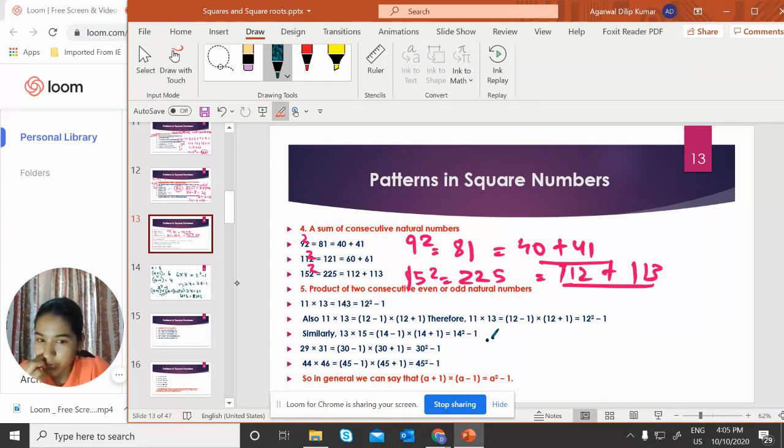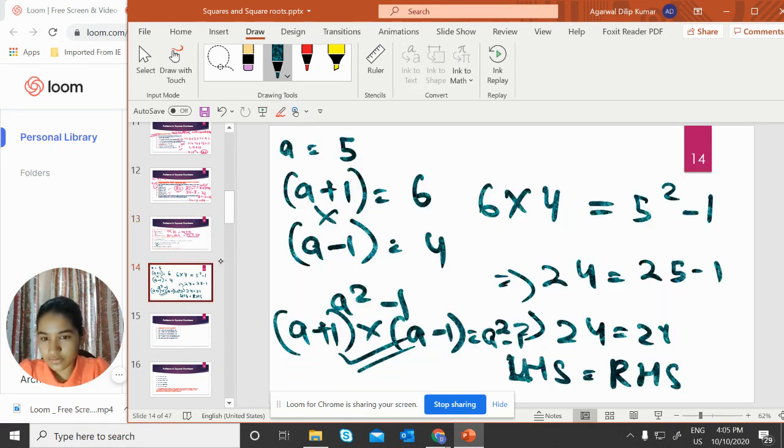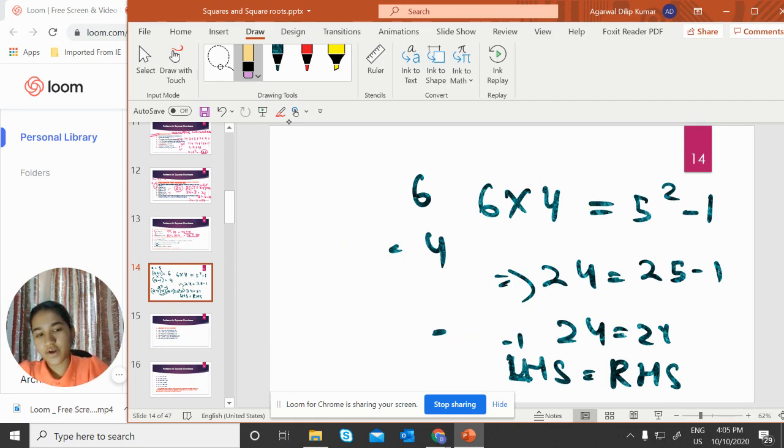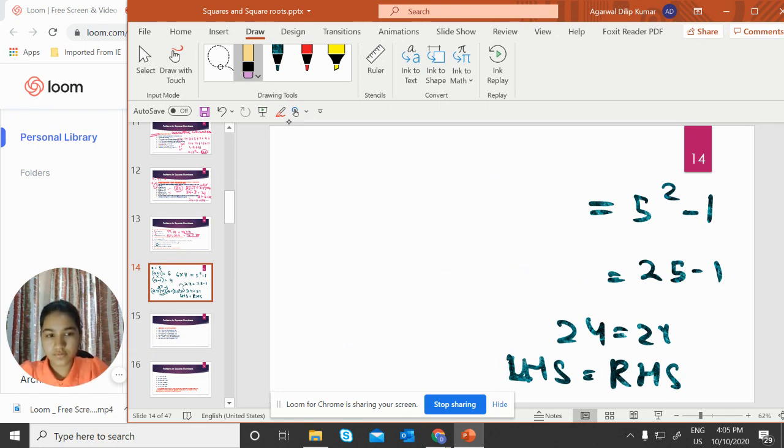Same way, if they ask us to find the product of two consecutive odd or even numbers, what are we going to do? A is going to be the number between them, just below the second number.